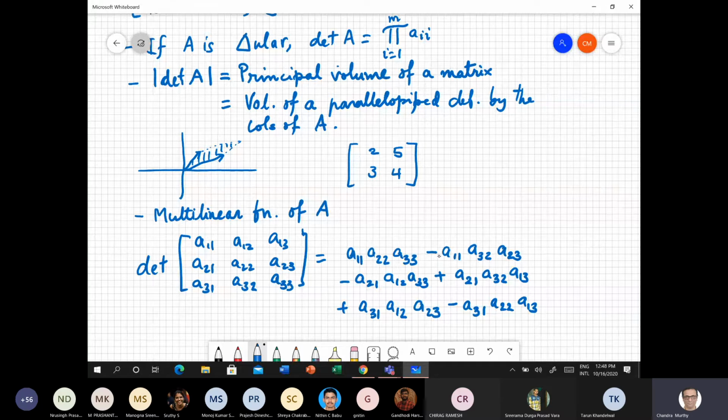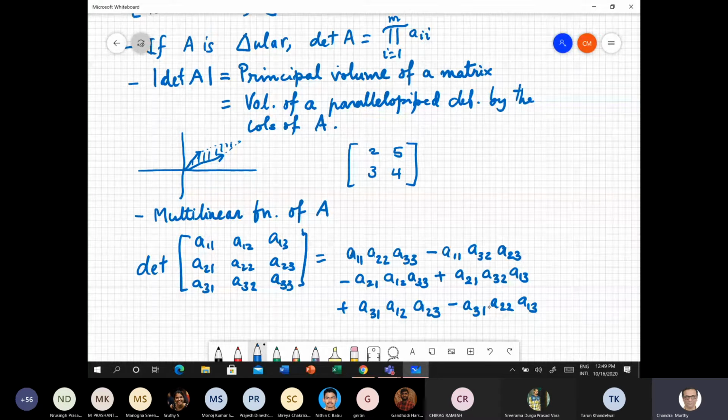So for example, if I unilaterally increase A11, then the value of the determinant will also change linearly. It's a linear function of A11 by itself. And if I take A22, it appears here and here. It also appears in exactly two terms.